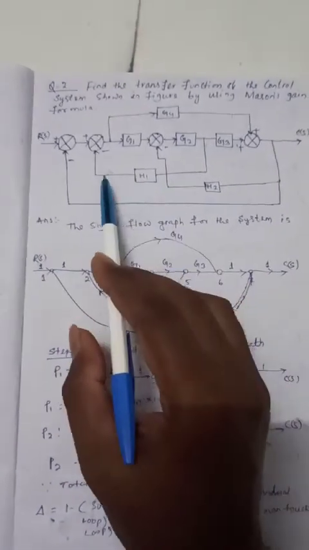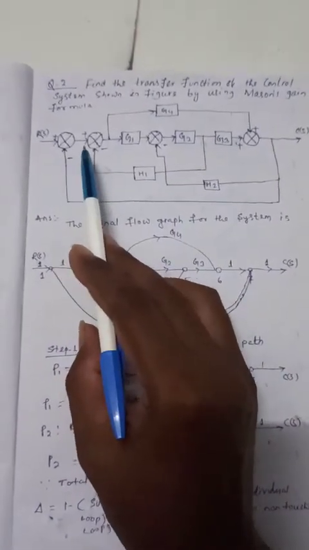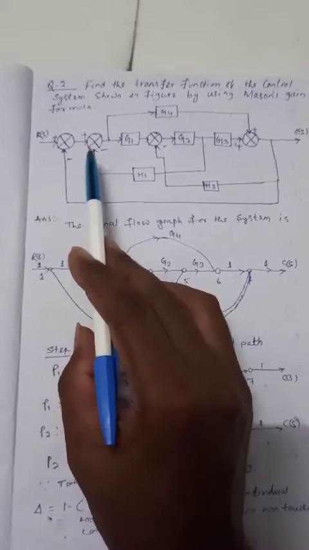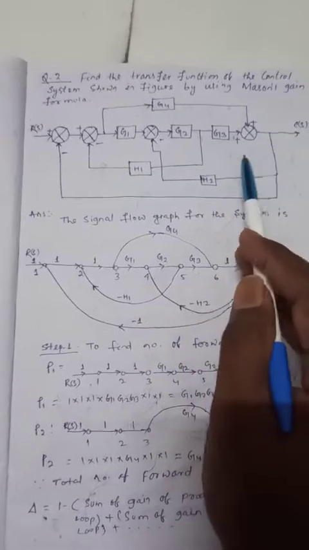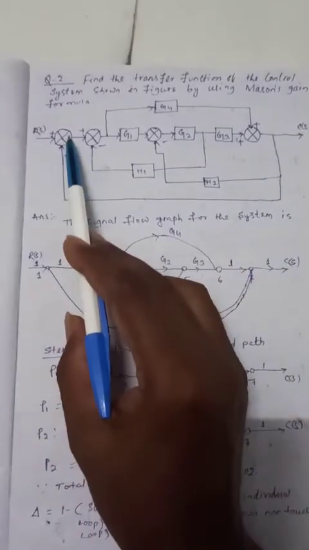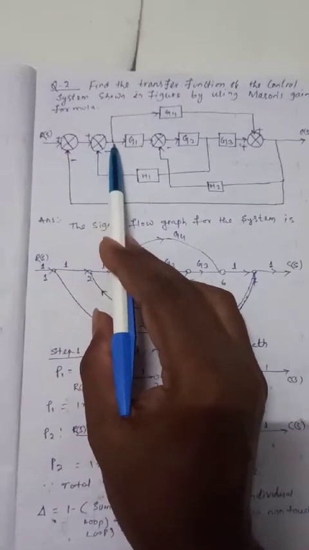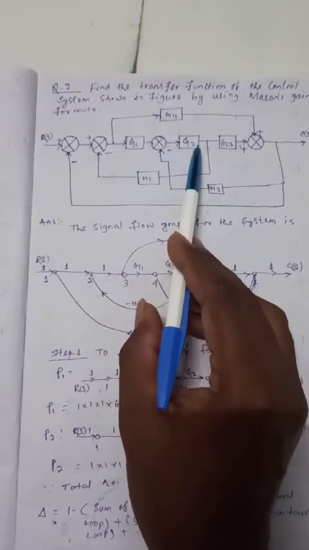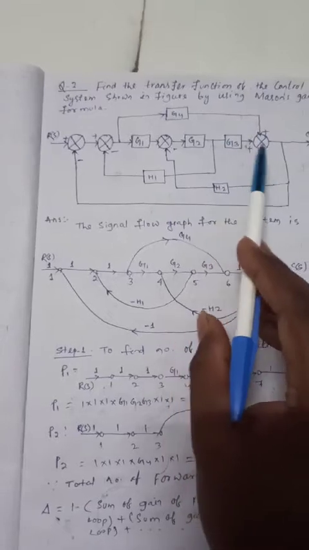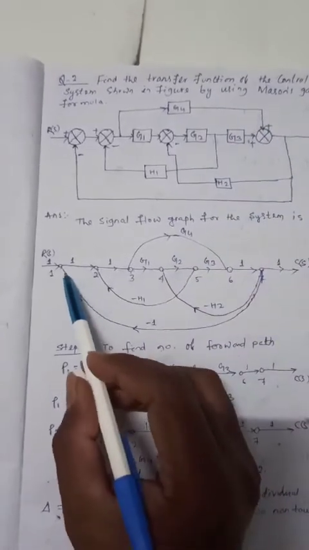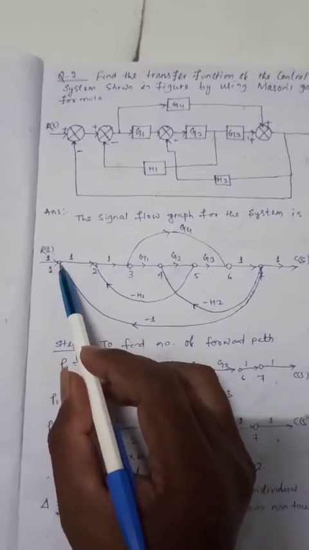Now how many node points are there? Taking each summing point and takeoff point as a node, here 1, 2, 3, 4, 5, 6 and 7. So there are 7 node points. Look at how to construct the signal flow graph.